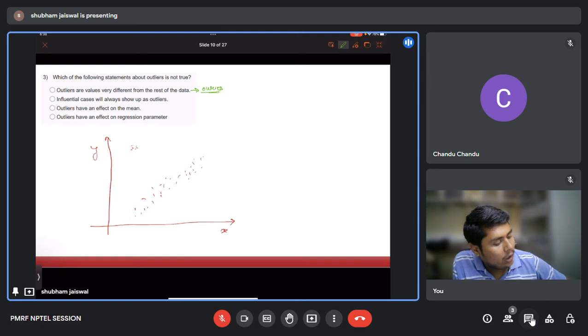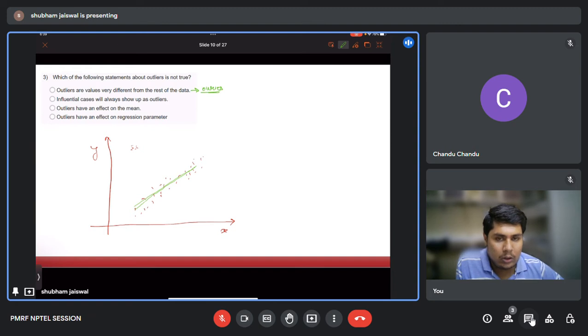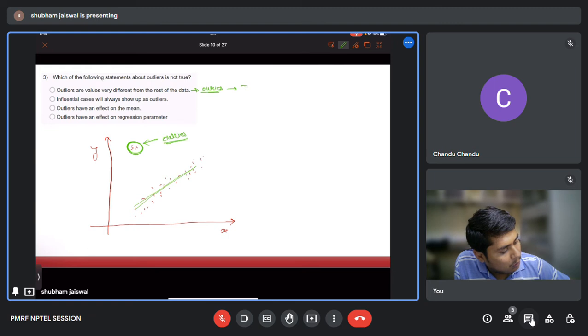Any data which is very different from the rest of the data. Like here, if we consider this data, it is increasing like this, so we will be able to have some correlation in that. But this data lies outside of the rest of the data, so this is an outlier. So that's true.